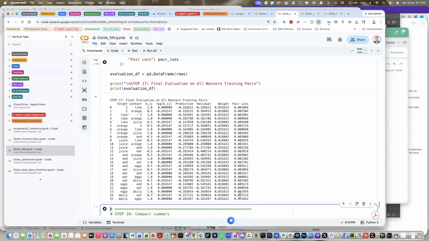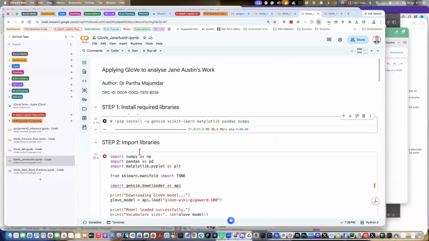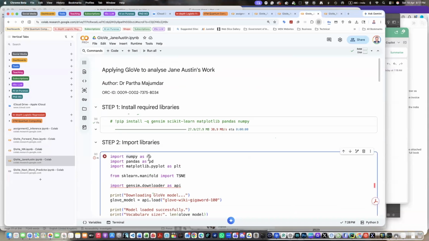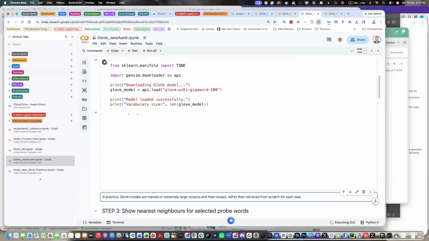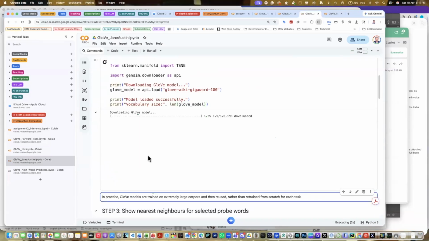Okay, this may not impress you too much, so what I will do is take a complete corpus now. This is the corpus of Jane Austen. I use Jane Austen's corpus and check whether I can generate meaning within words or not. I am not going to be building the co-occurrence matrix and all that.